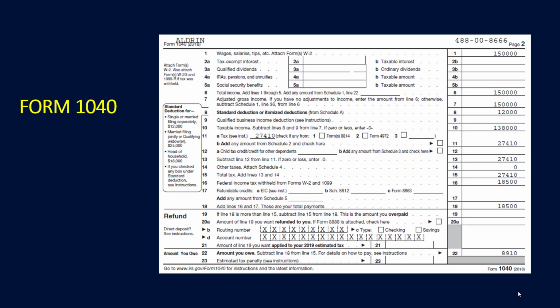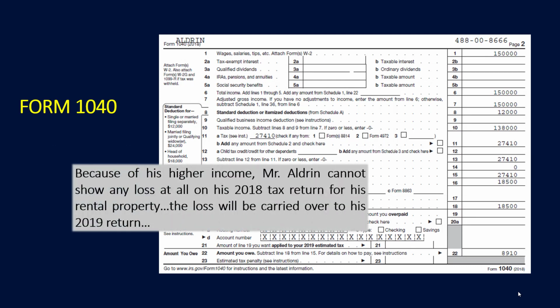And on the 1040, because of his higher income, Mr. Aldrin cannot show any loss at all on his 2018 tax return for his rental property. The loss will be carried over to his 2019 tax return.